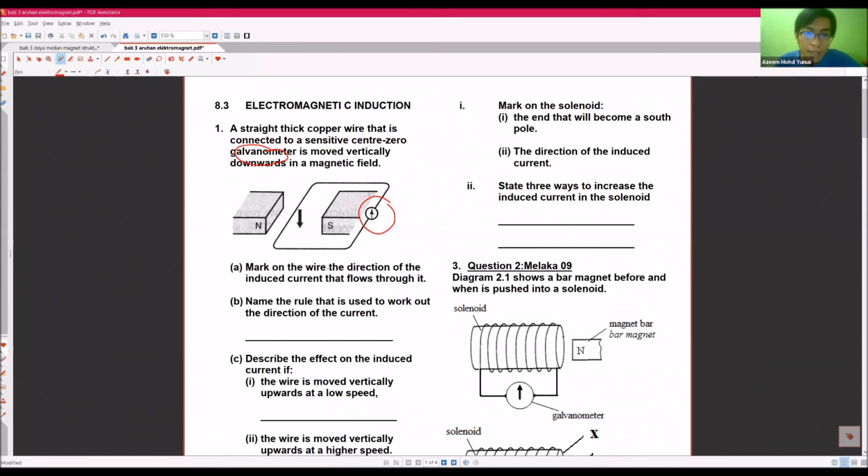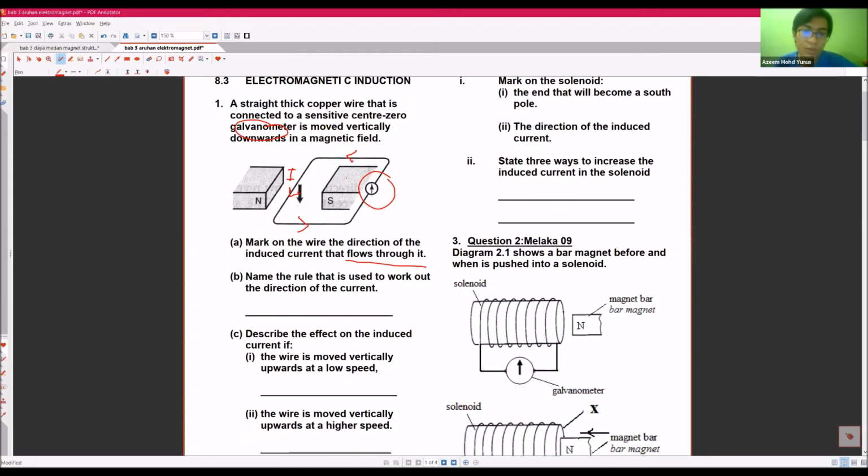Mark on the diagram. First step, the south pole is here, towards the right, and then the direction of the force is downwards. So we rotate it like this. We see that my middle finger here is into my eye, so the current is out of the page.